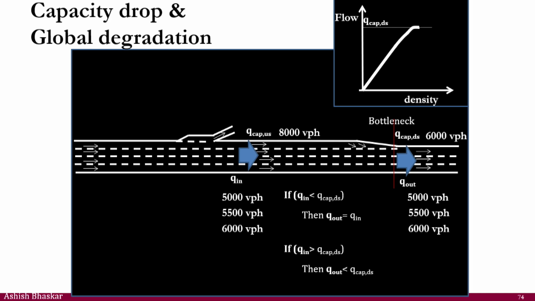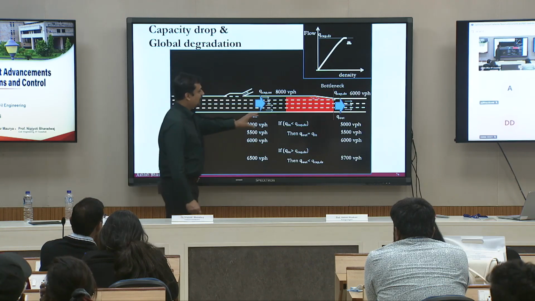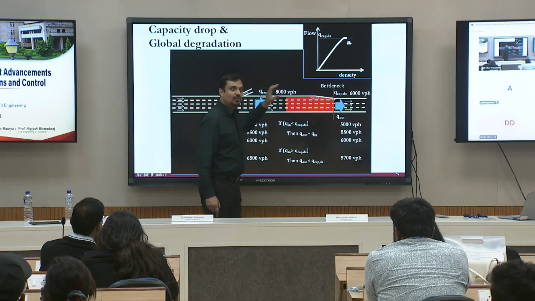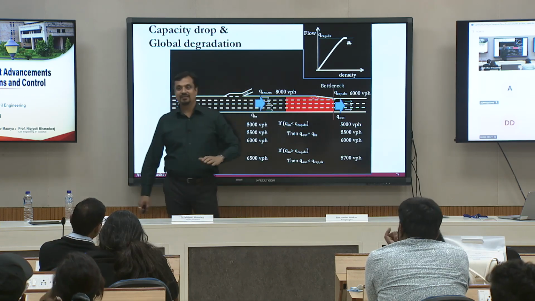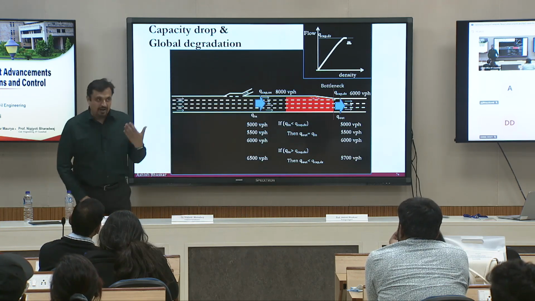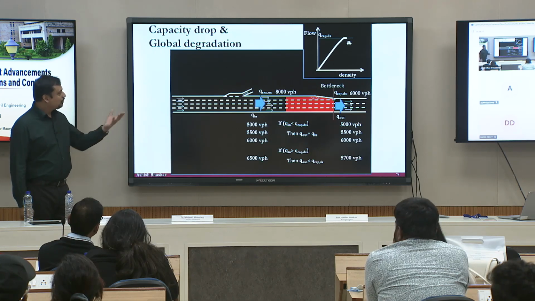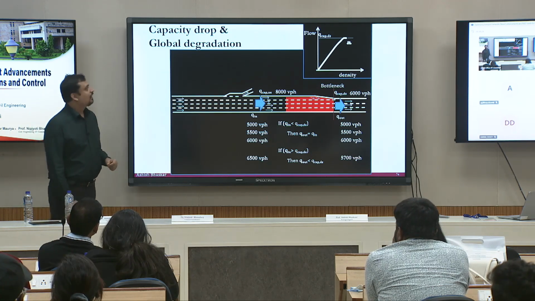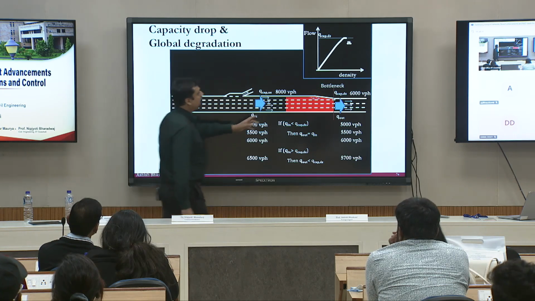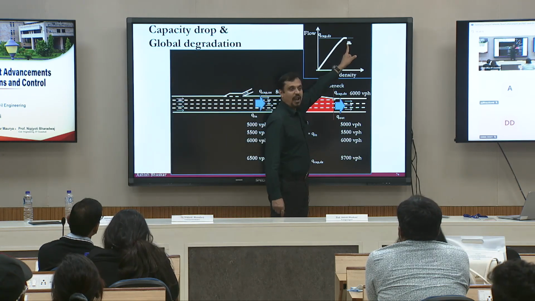But in the hypothetical case, if I have a bit more traffic, no matter what, I do not have the capacity for them to go away. They have to join the queue. They have to queue there because of the limited capacity. You will have a queue formation. We have seen that when the queue forms, there's a drop in the capacity.